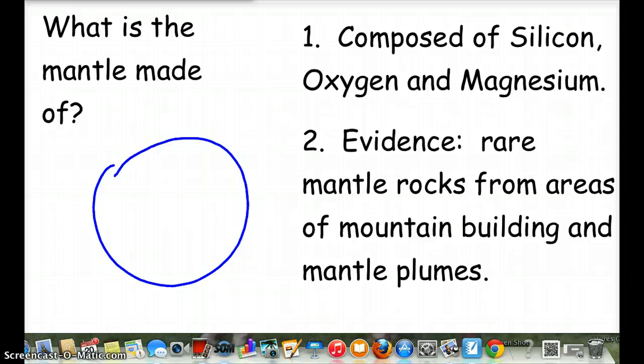Mantle plumes. Plumes are hot rock that have made their way to the surface, or sometimes they're deep within the Earth. We have these areas that have heat and the material is melted, and then through other types of either mountain building, folding, faulting, those are brought to the surface, and we have the ability to analyze them.